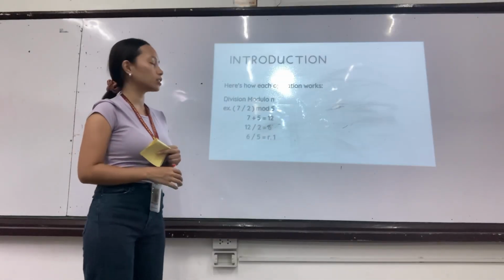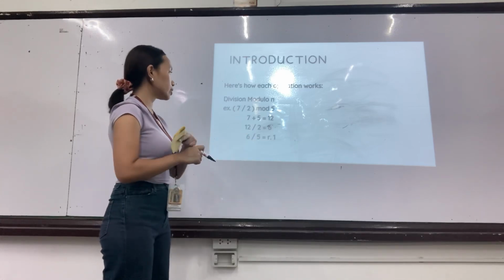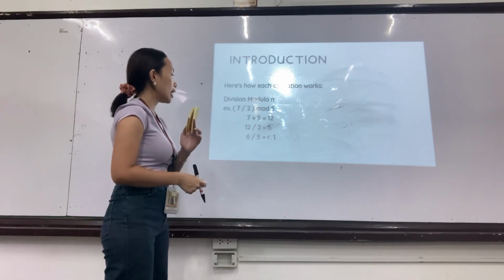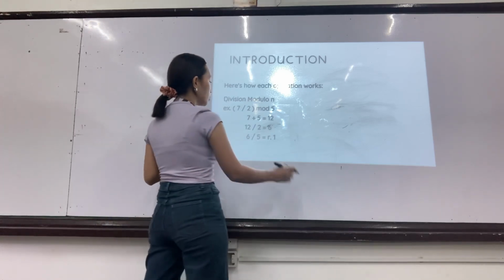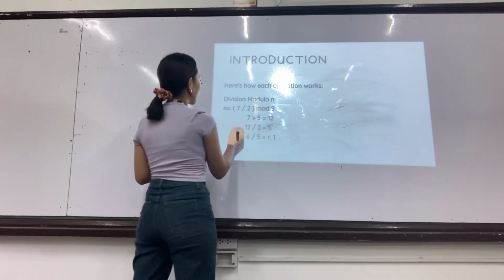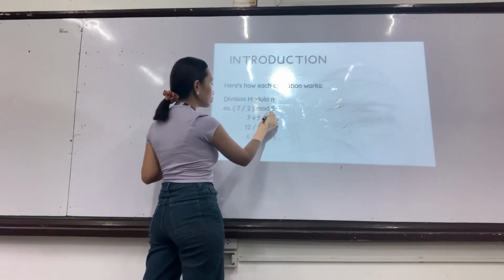Now we have the last operation, which is the division modulo n. For division, we have 2 ways to solve for the answer. Now this is the not shortcut way, okay? Because 7 divided by 2 modulo 5.